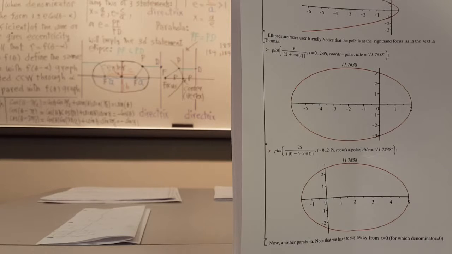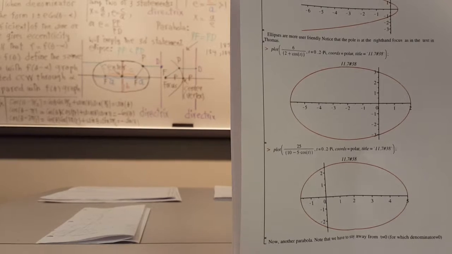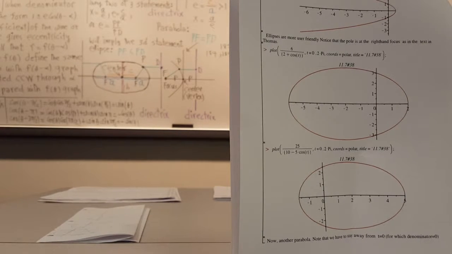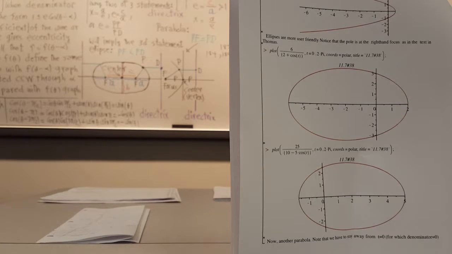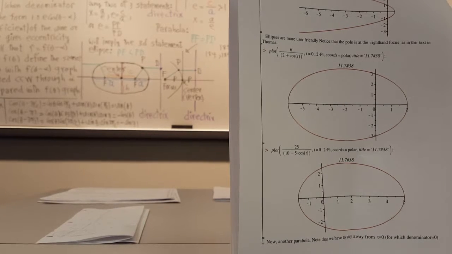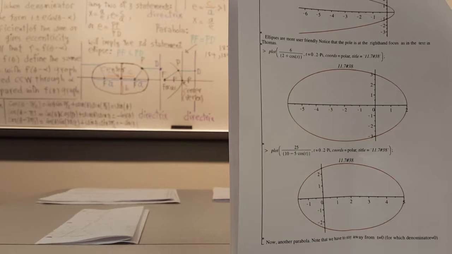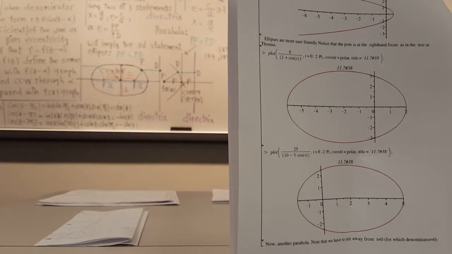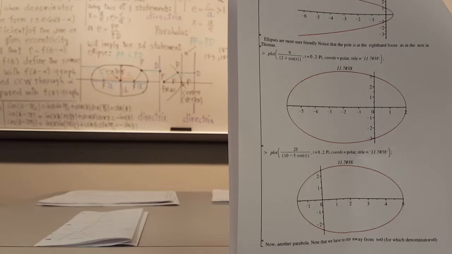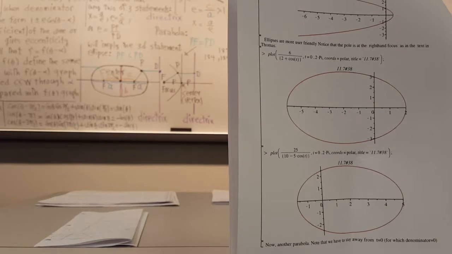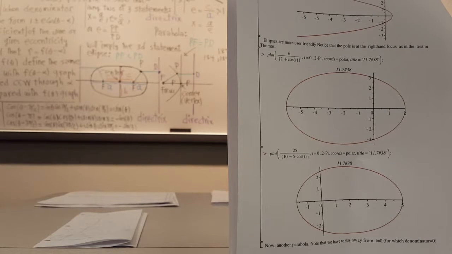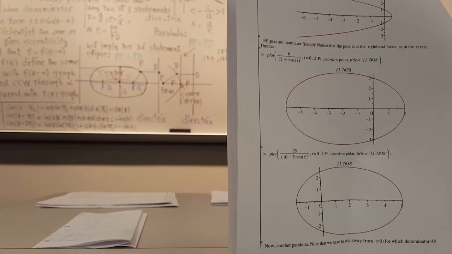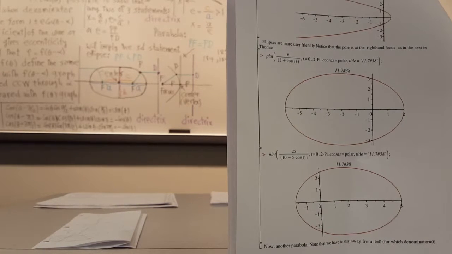right hand focus. Then with the next one, again, to recognize what you have, since your leading term in the denominator is a 10, you'd have to divide by the 10, top and bottom, so then you'd have minus a half as your coefficient on the cosine, so that's an ellipse again.